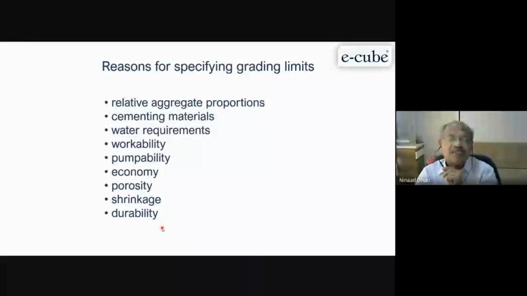The coefficient of expansion is very low for good aggregates. And once shrinkage is less, your durability also improves. So ultimately the aim is to go for durable concrete. Whatever the design life, maybe 80 years, 100 years, 120 years, that has to be achieved. Those will depend upon how you specify the limits of your grading.